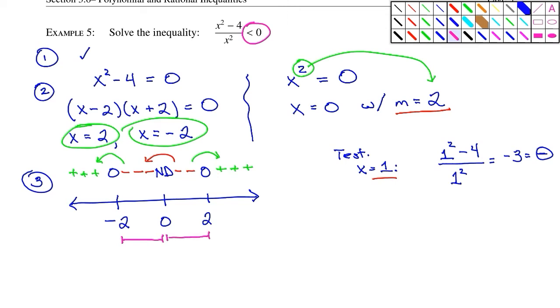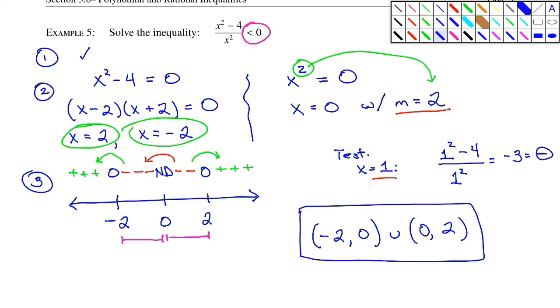It does not include any of the endpoints because we are not talking about less than or equal to 0. We're talking about strictly less than 0. So it's -2 to 0, union 0 to 2. Notice that we had to jump over x equals 0 because x equals 0 is a point where it is undefined.